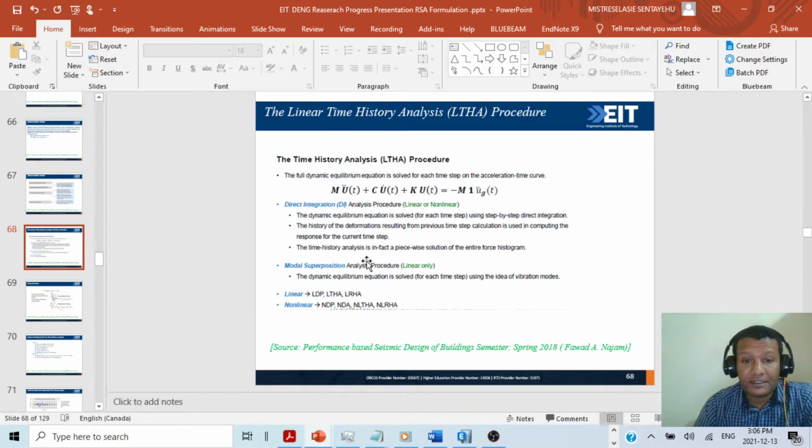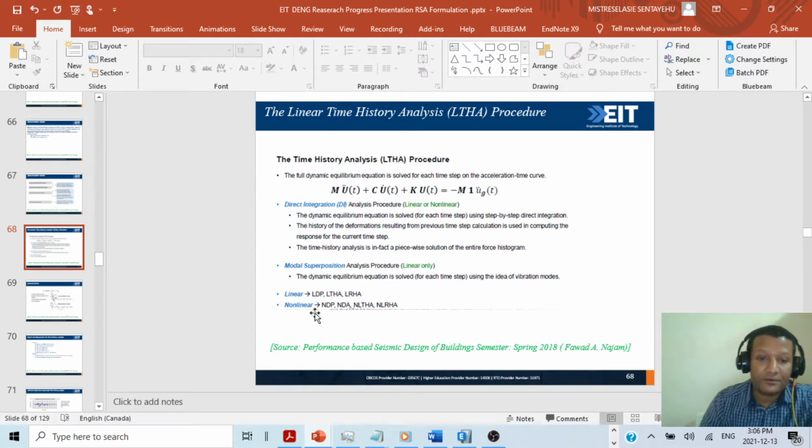The time history analysis is in fact a piecewise solution of the entire force histogram. In modal superposition, the dynamic equilibrium equation is solved for each time step using the idea of vibration modes. This is linear.